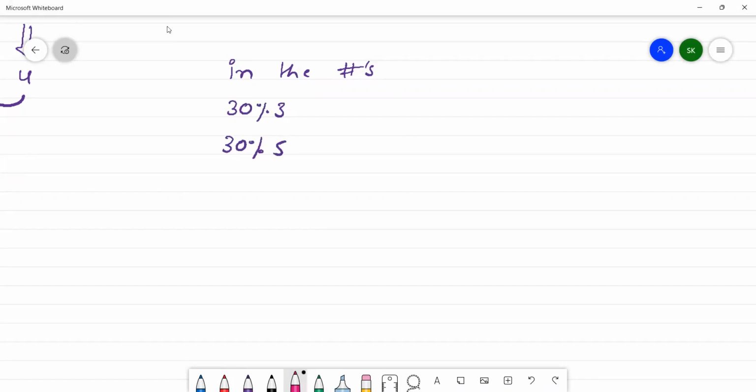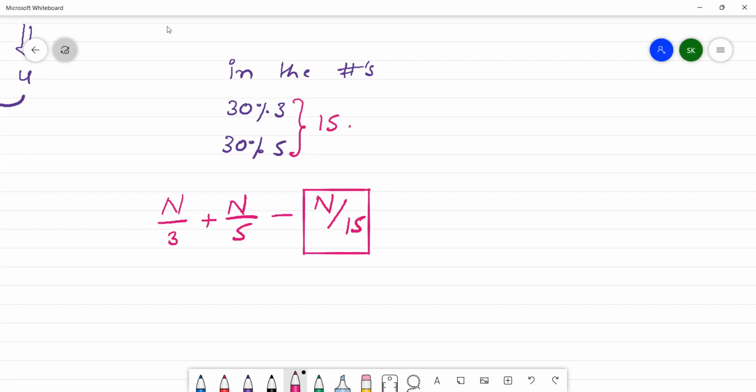Hence, we will find the LCM of 3 and 5, that is 15. And at the end, what we will do is, whatever your number is divisible by 3 plus whatever your number is divisible by 5 minus number divided by 15. So this will exclude all the repeated values. Clear? Is it clear to everyone?